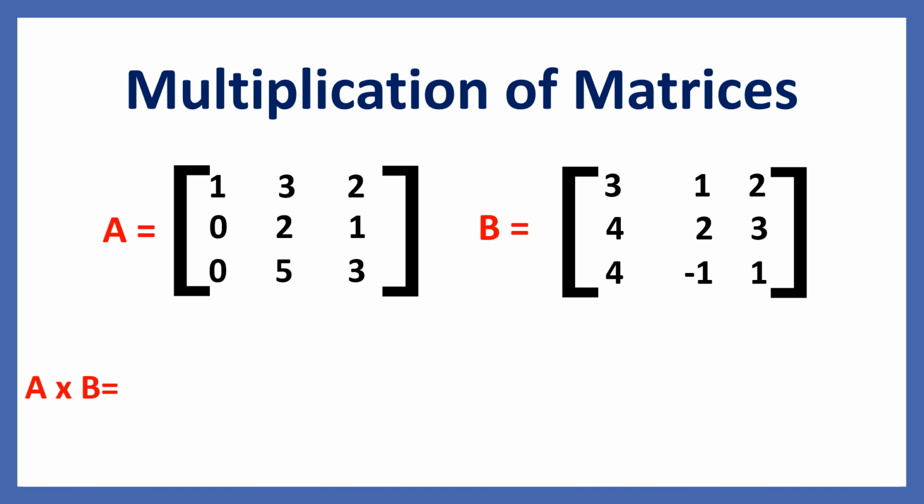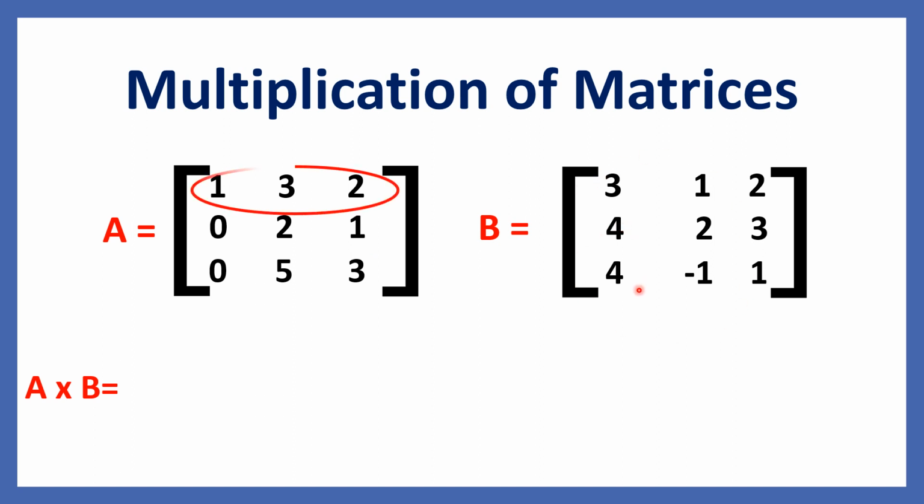We are asked to find A into B. That is, first matrix is A and the second matrix is B. And the case will be different if we were asked to find B into A. In that case, we may have to consider B as the first matrix and A as the second matrix. But in this problem, we are asked to find A into B. So, A is the first matrix and B is the second matrix.